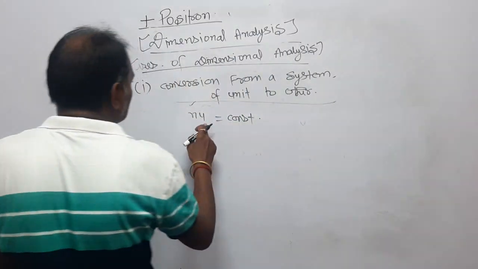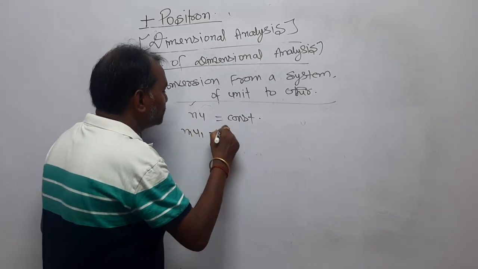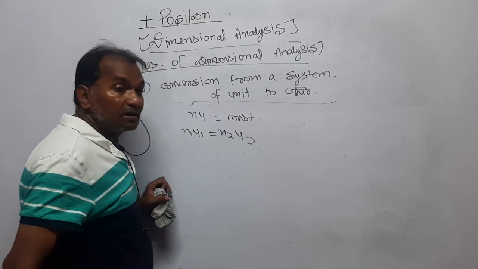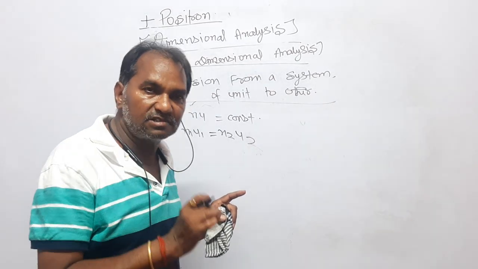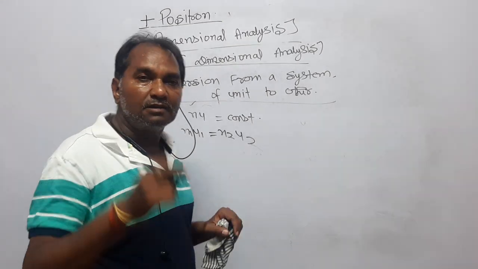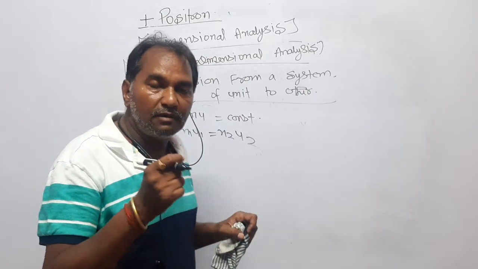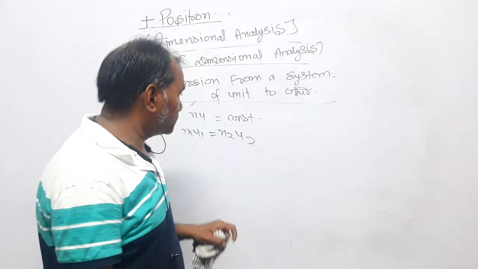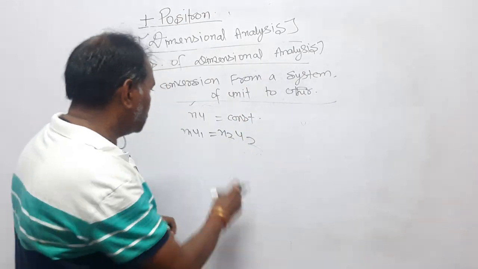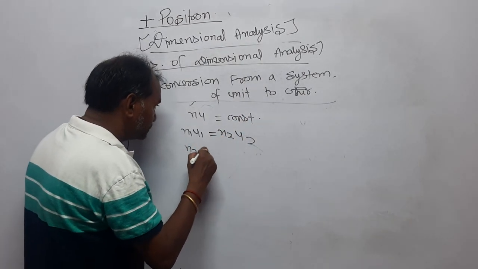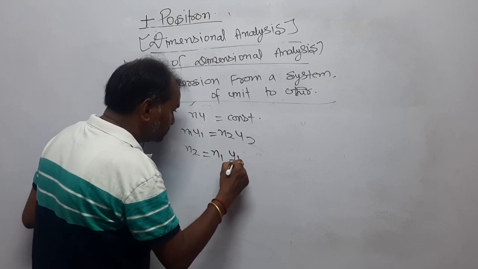That is why n into u is equal to constant, or you can say n1 u1 is equal to n2 u2, where n1 is the numeral value of that physical quantity in the first system of unit and u1 is the first system of unit, and n2 is the numeral value of that physical quantity in the second system of unit and u2 is the unit in the second system. Or you can write n2 is equal to n1 u1 upon u2.